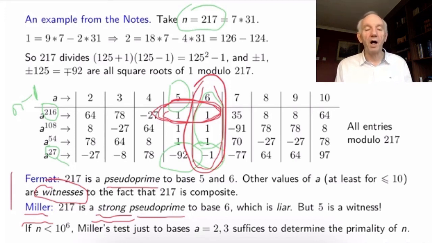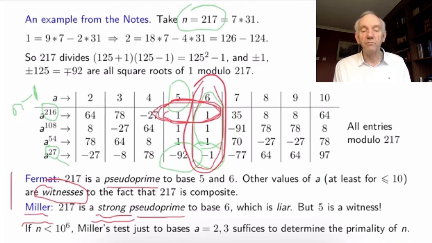One final remark, just to show you how fantastically powerful Miller's test is. If you apply Miller's test, that's going a bit further than Fermat's little theorem, because we're taking these square roots of a to the n minus 1. If you apply Miller's test just to bases 2 and 3, for which it's relatively easy to compute these exponents, you'll discover it will accurately detect all the prime numbers up to 1 million.